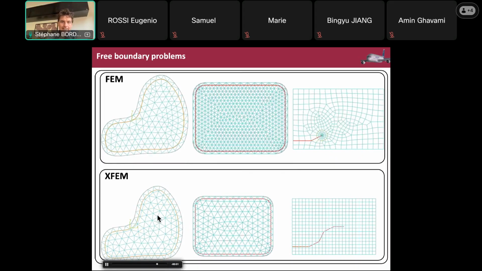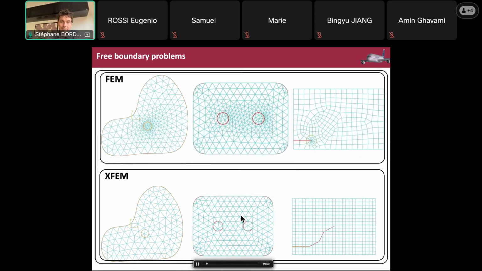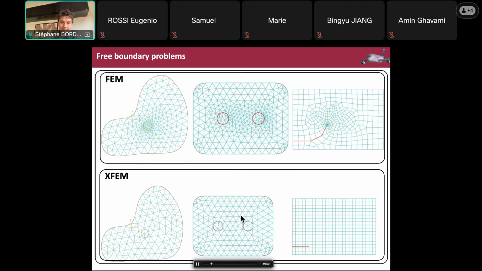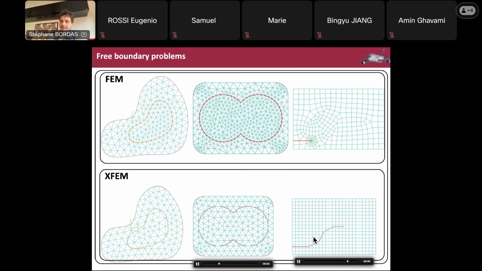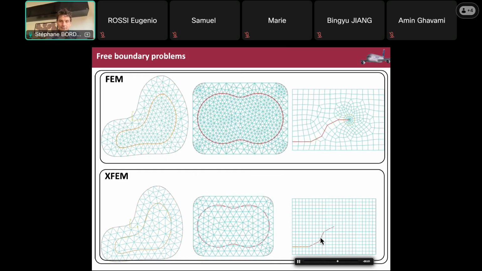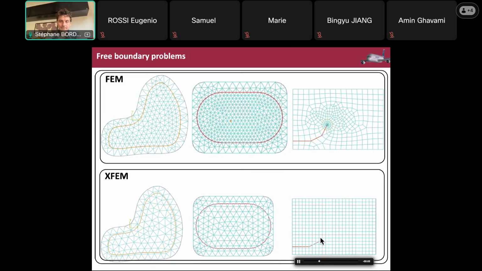As you can see, the line that is growing, different colors, is growing through the elements. The elements are split, they are cut by the line. Same on the right-hand side, bottom. You see the crack is growing, but the crack is growing independently of the underlying mesh.